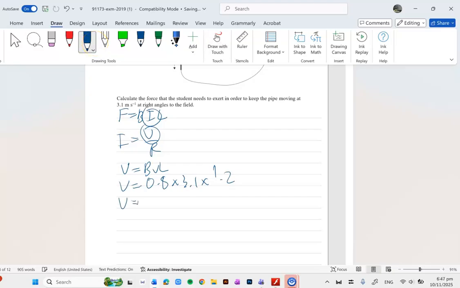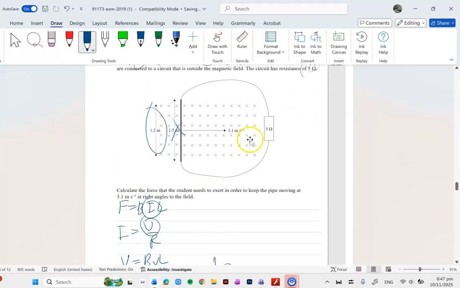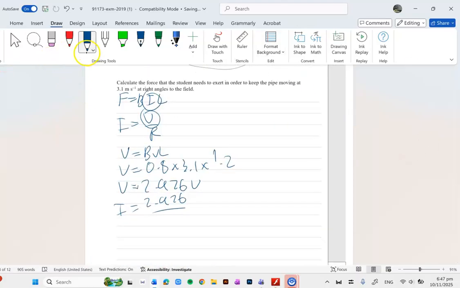So V equals 0.8 times 3.1 times 1.2. That's going to be 2.976 volts. I equals 2.976 divided by the resistance, which was 5. So I equals the answer divided by 5.